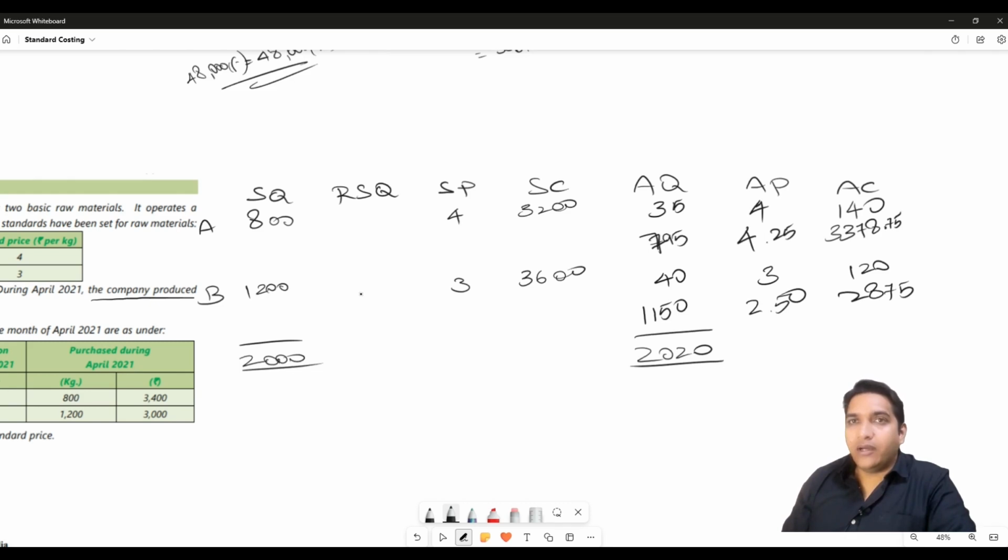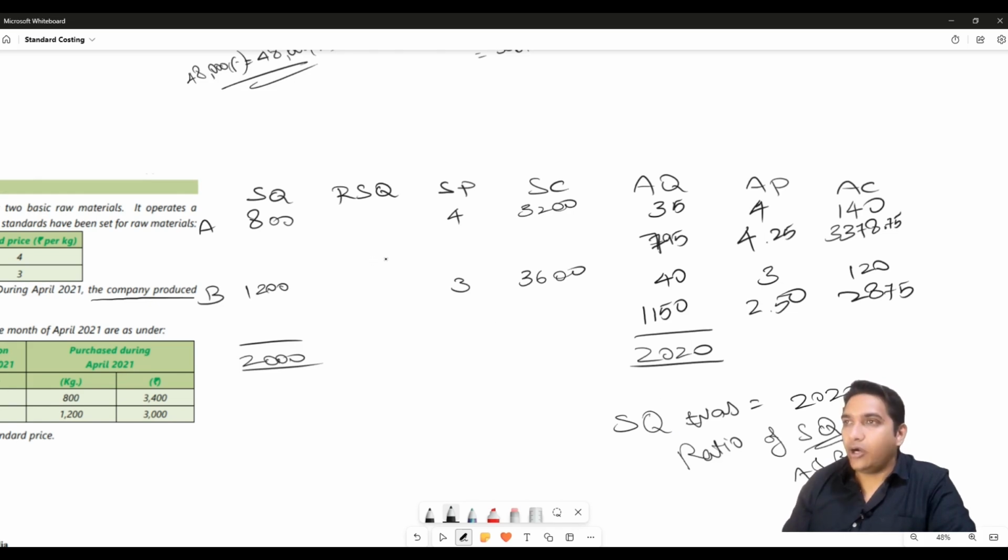Now, what we calculate in revised standard quantity is, if I wanted to use 2020, if my standard quantity was equal to 2020, what would have been the ratio of standard quantity, that is, the ratio of A and B, right?